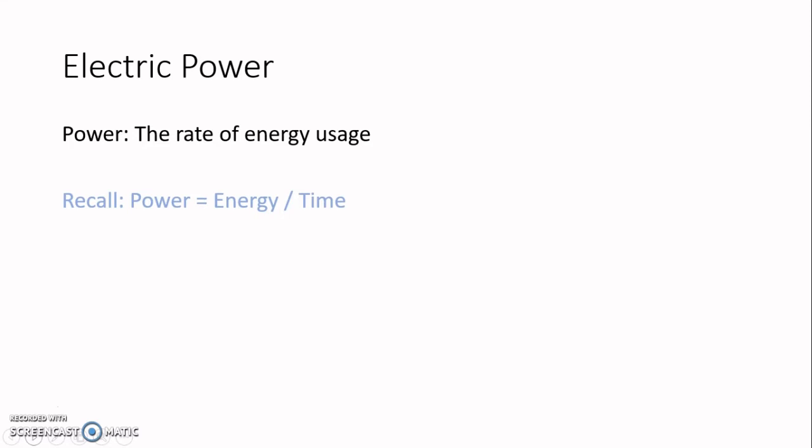Now, a word on electric power. Recall from before that power is the rate of energy usage, the rate at which we use energy. And the way we calculate it is the amount of energy used per time.